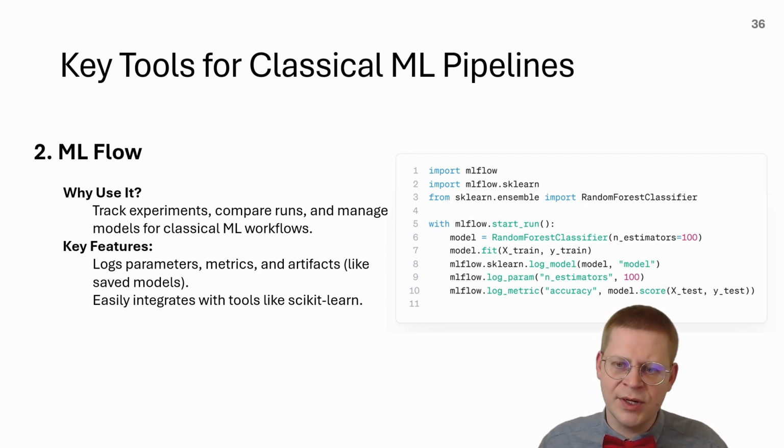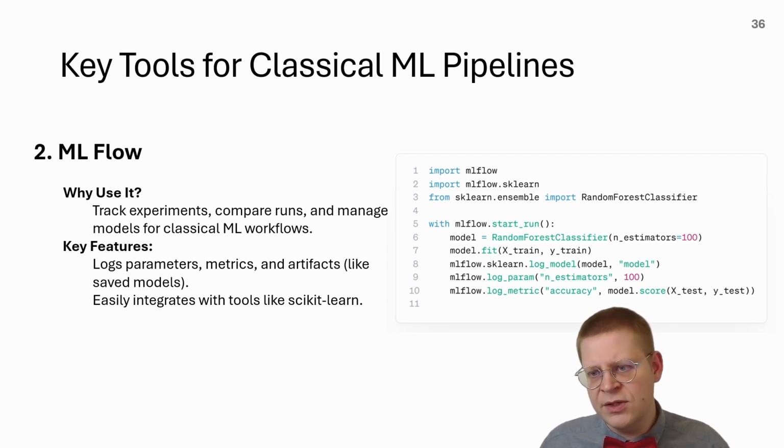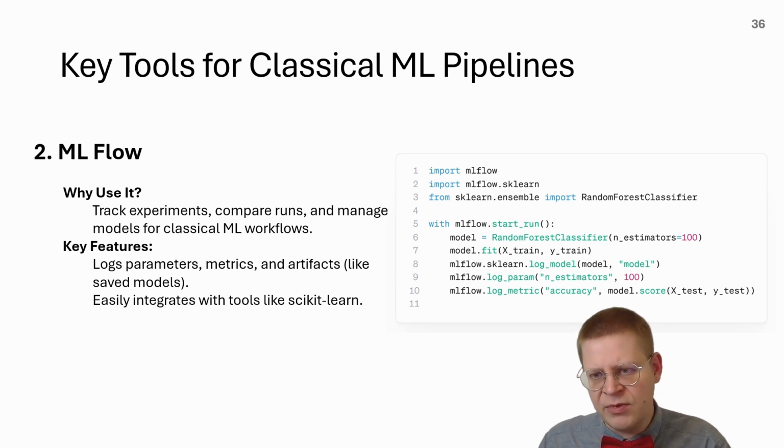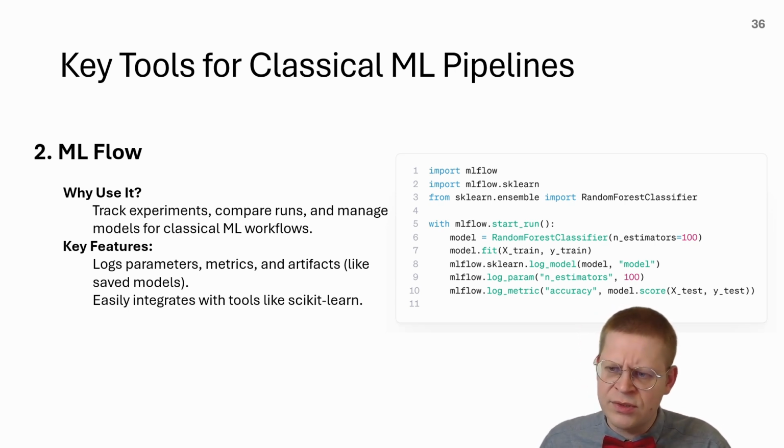It also integrates nicely with scikit-learn, so if you are already building classical ML pipelines, adding MLflow's logging is straightforward. And tools like MLflow save you from the chaos of scattered notes and naming conventions like model v5 final 2. By systematically logging each experiment, you can maintain reproducibility and keep a clean record of what works best in your pipeline.